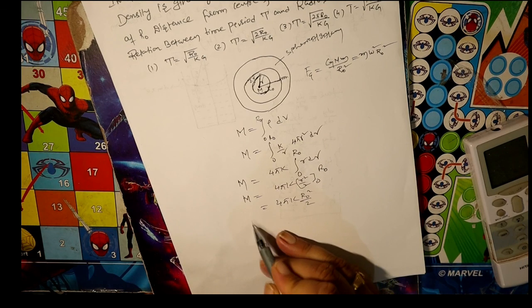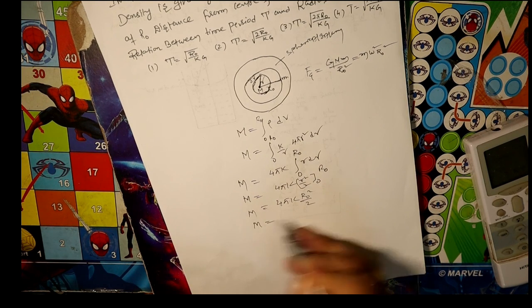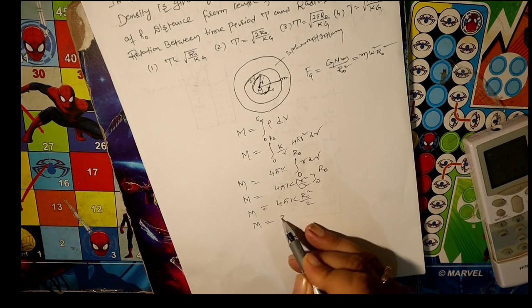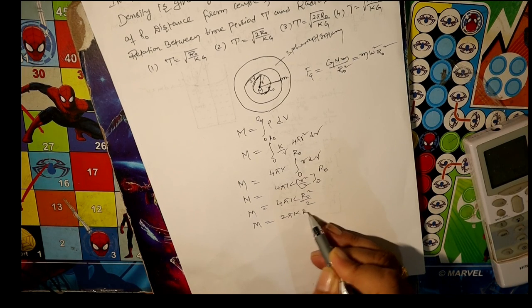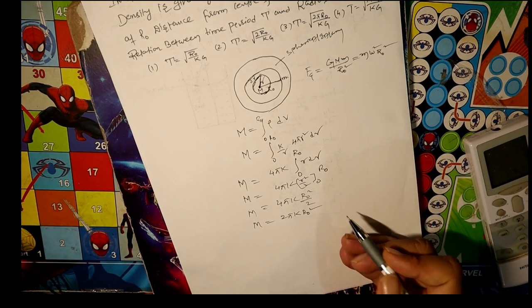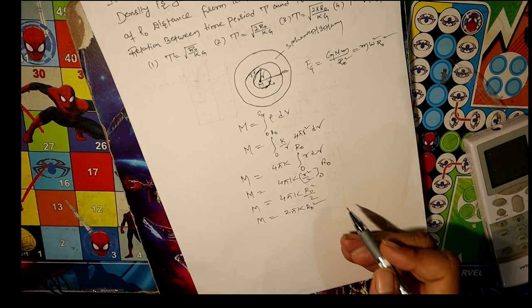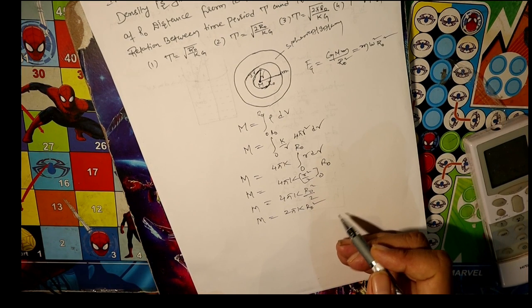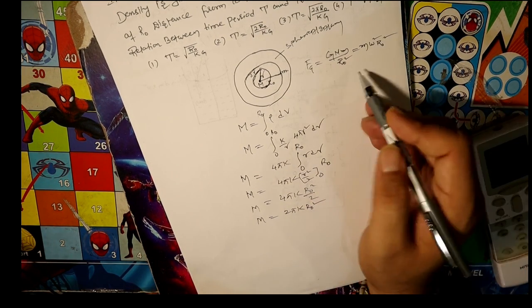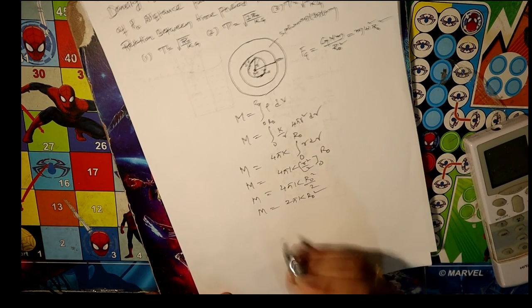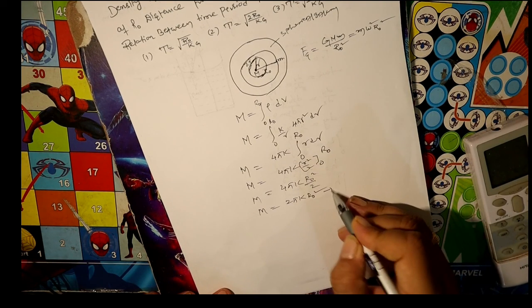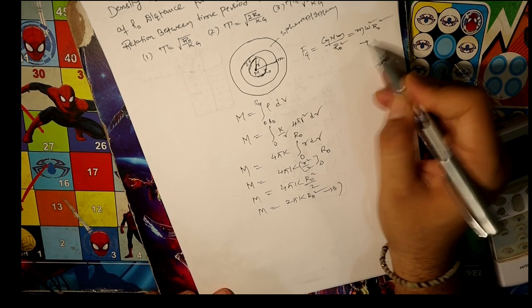So finally we get the mass of the galaxy as 2 pi k r naught square. Substitute this value in this equation. So this is equation 2 and this is equation 1.